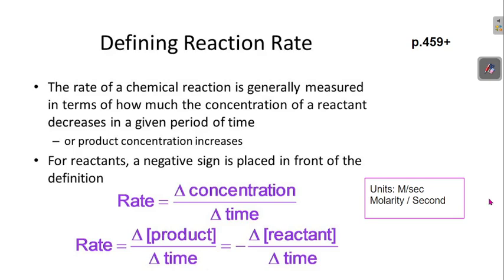Now, let's define what reaction rate is. Page 459 plus in your textbook. So you need to be able to define kinetics and reaction rate. The rate of a chemical reaction is generally measured in terms of how much the concentration of a reactant decreases in a given period of time.